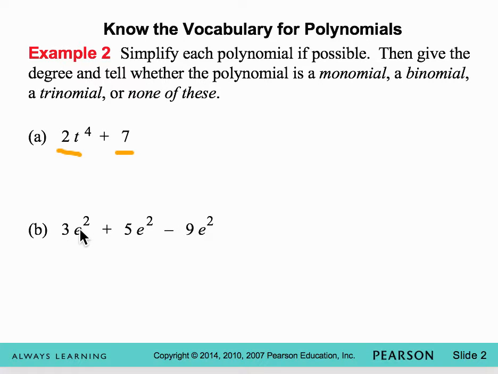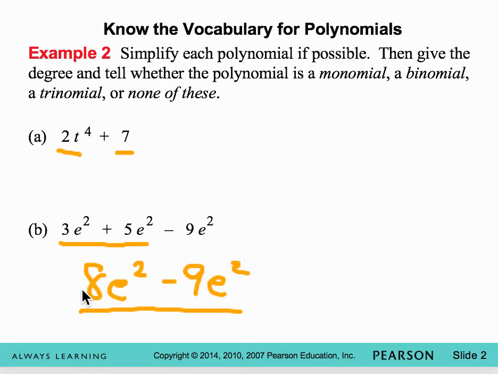Now this one down here, oh look, they're all e squared. They're like terms, so I can add them all together. If I have 3 of these e squared, then whatever they are, 3 of them plus 5 more, that's 8 e squareds. Oh, now I can combine these because they're alike. If I have 8 of these e squared things and I want to take away 9 of the same things, I would have negative 1 e squared.